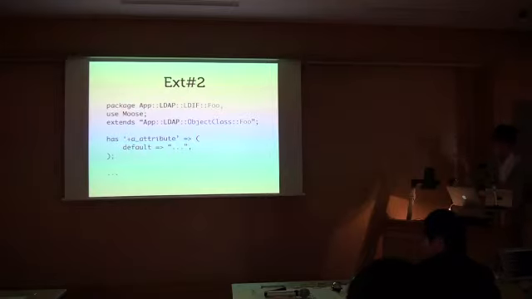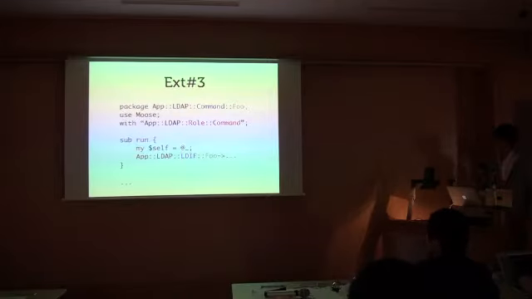The second step is to modify the attributes in the model and extend the model with the object class you just defined. The third step is writing the controllers to interact with the model you just created. So that's quite simple for extending LDAP for yourself.